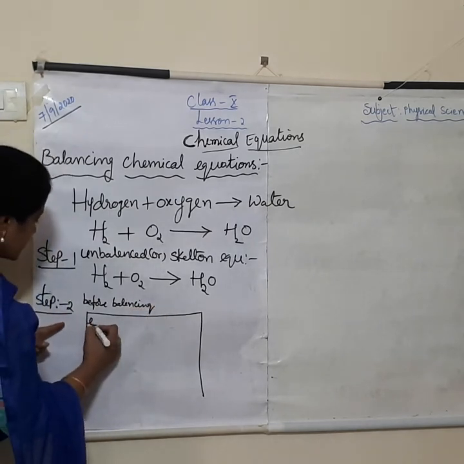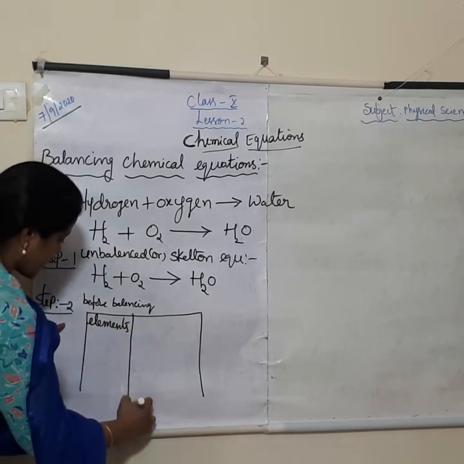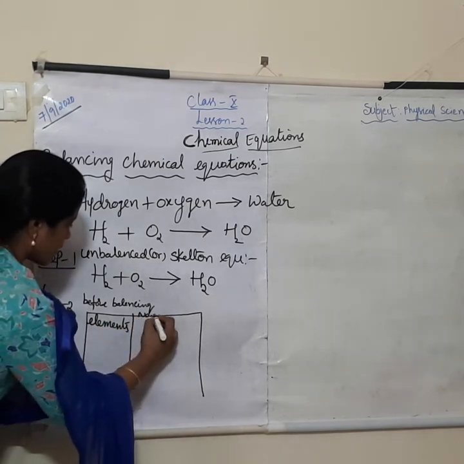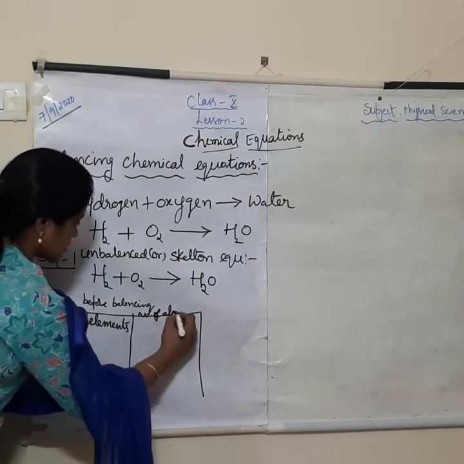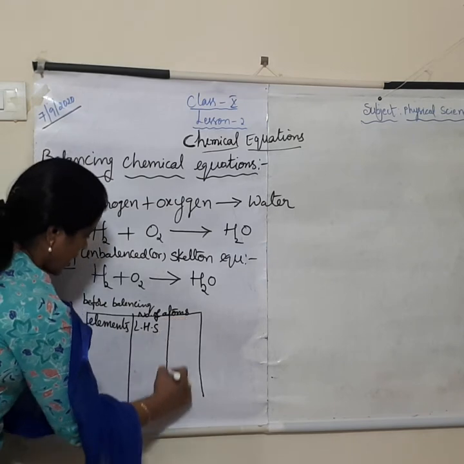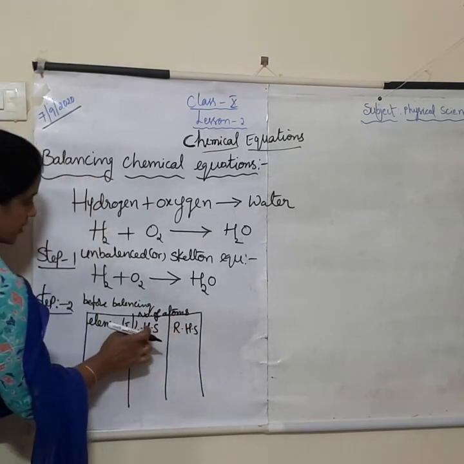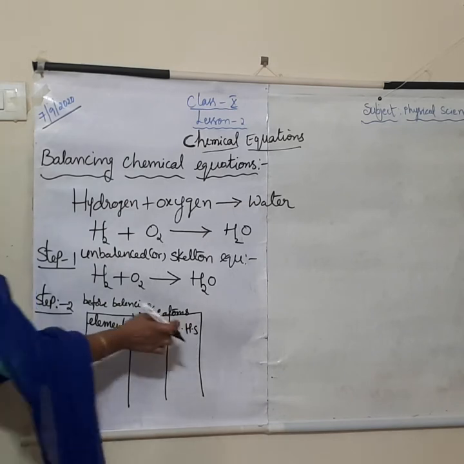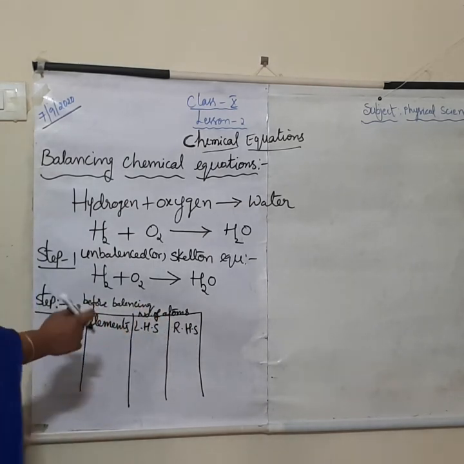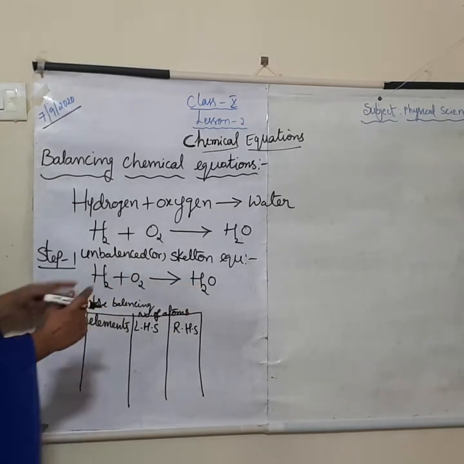Next here, you must write the elements, and next, the number of atoms in the left hand side and right hand side. Left hand side LHS, right hand side RHS in short form. Now in this equation, what elements are given? Hydrogen.